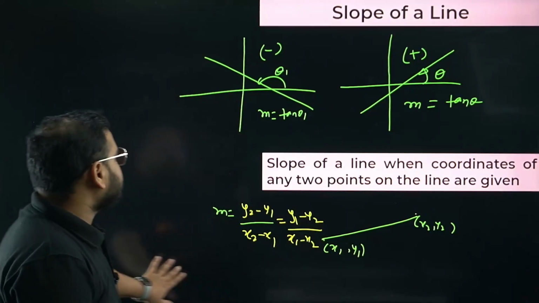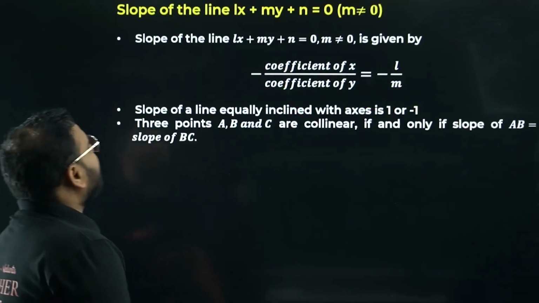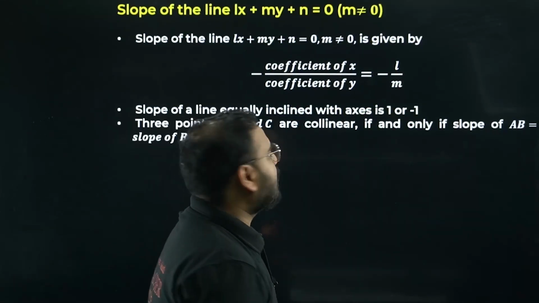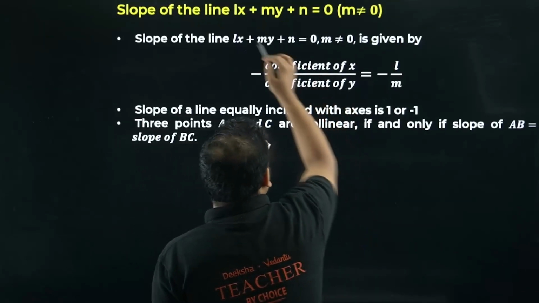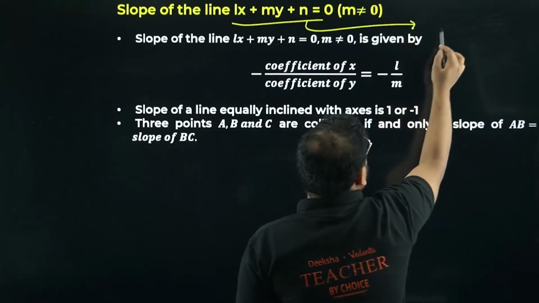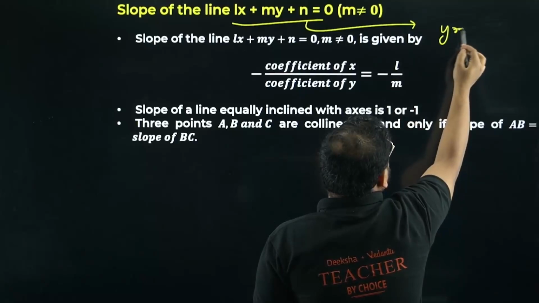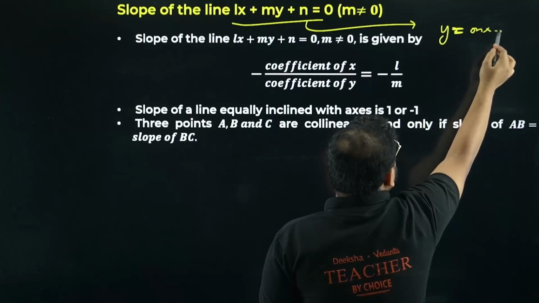Next, slope of the line lx plus my plus n. Remember this form, convert it into the form we know, y equals mx plus c.